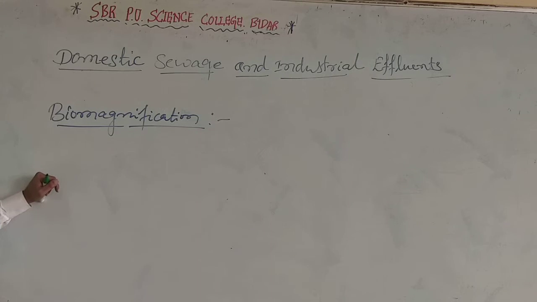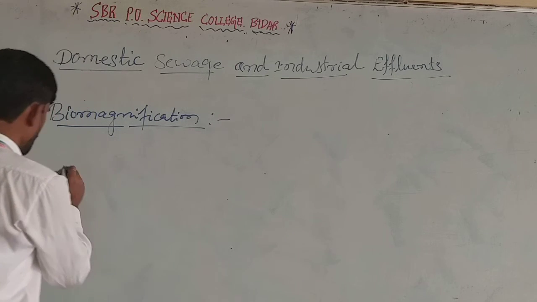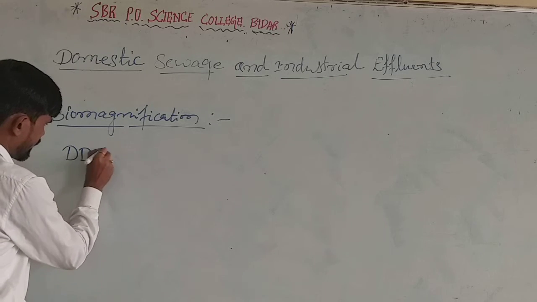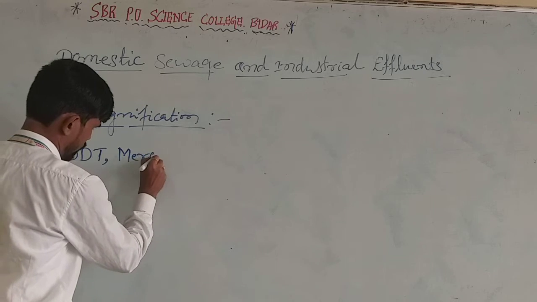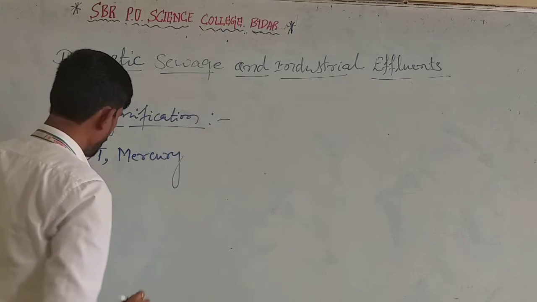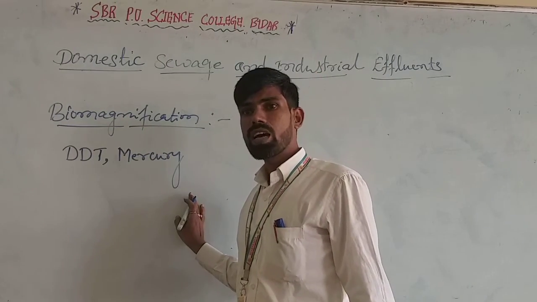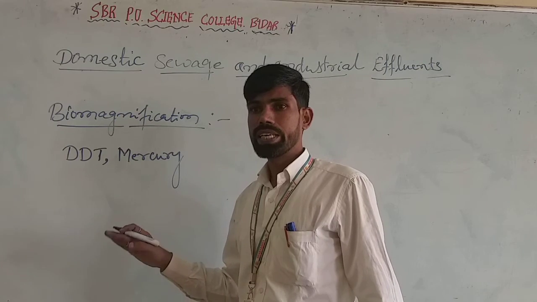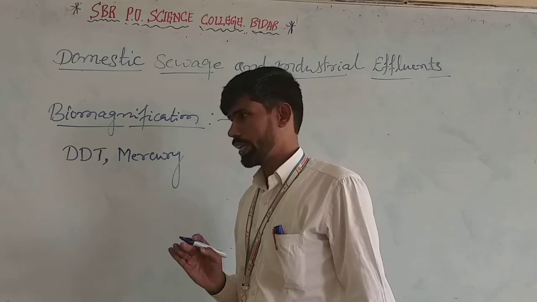Earlier we studied that sewage is decomposed by bacteria. Here in biomagnification, some chemicals are not decomposed, like DDT and mercury. So what happens? They will not decompose, and if they are not decomposed, they enter into the food chain.